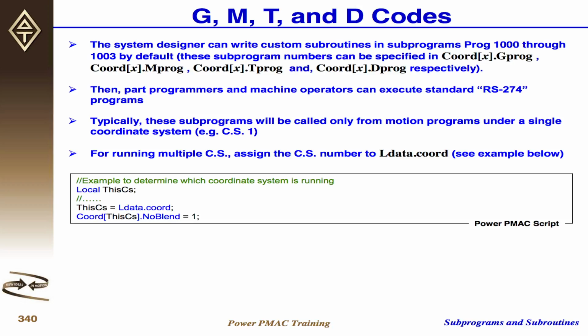For example, you can define a local variable, local this CS, this CS equal to ldata.coord, and coord[this CS].NoBlend equal to 1. So you will know the coordinate system number.